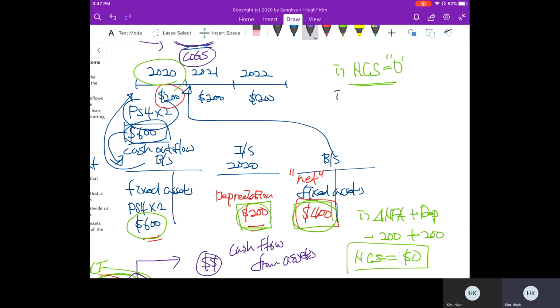In the second case, let's say during 2020, you buy an additional PS4 console, which costs $300. There's a second scenario. So there are 3 PS4 consoles, so we have to add $300. Now your net fixed asset is going to be $700. So 2 old PS4 consoles and 1 new PS4 console.